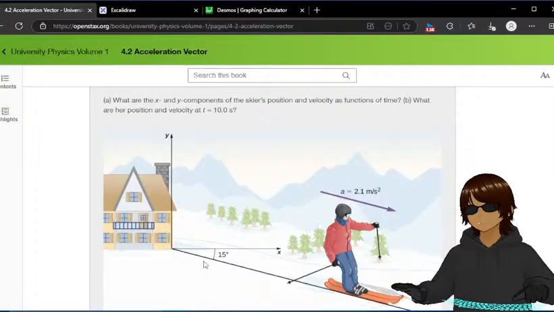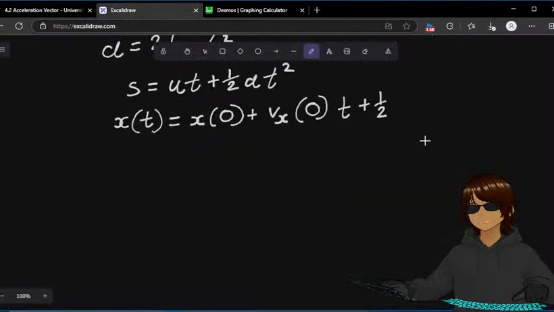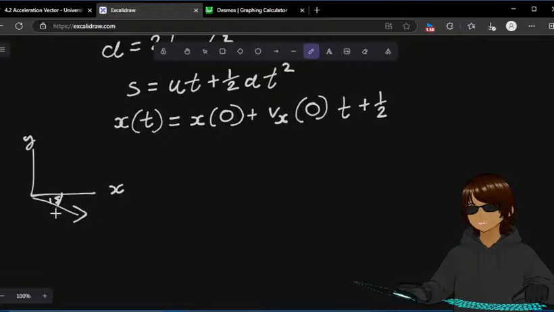Hold on, I'm confused. Okay, we are supposed to imagine it as 2D. I think I got the idea. So there's no 3D over here, it's only x and y. So it's going in that direction, down the slope, 15 degrees. So cos 15 gives the x component.